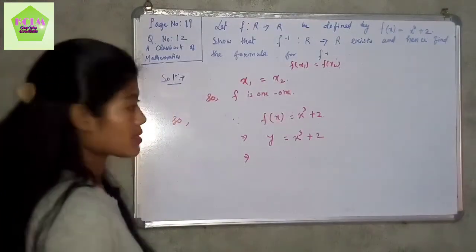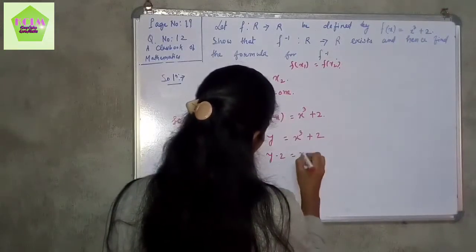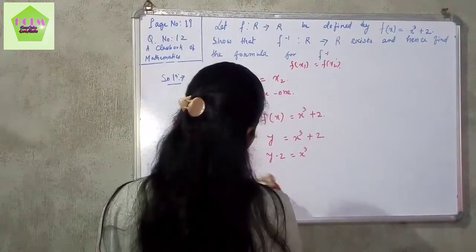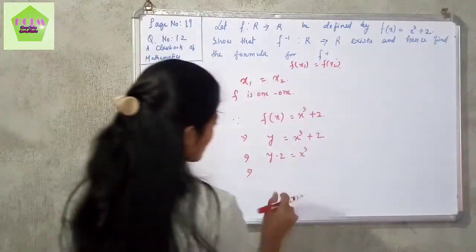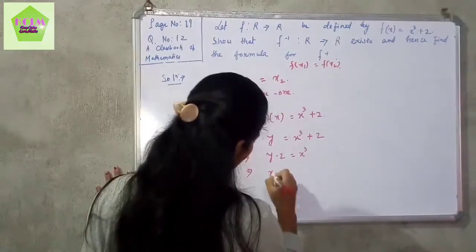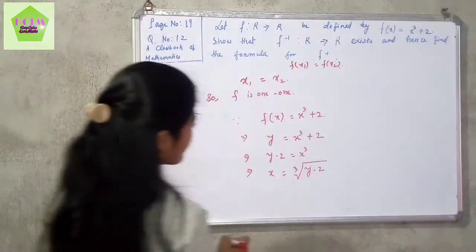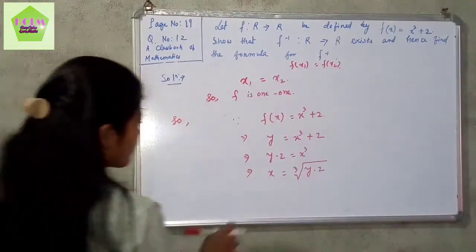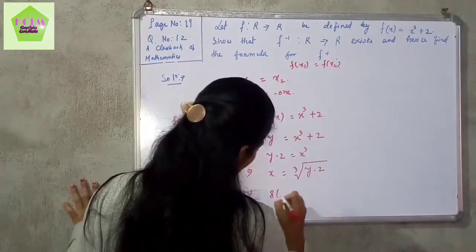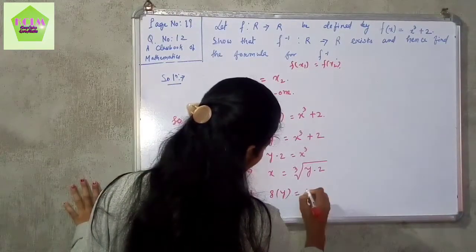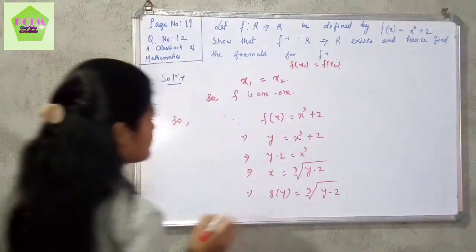Now we express x in terms of y, then we get y minus 2 equal x cube, and when we take the cube root on both sides, we get x equal cube root of y minus 2. So let us take this x as another function g of y, given by the cube root of y minus 2.